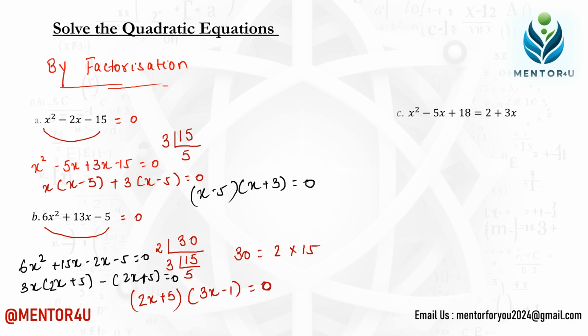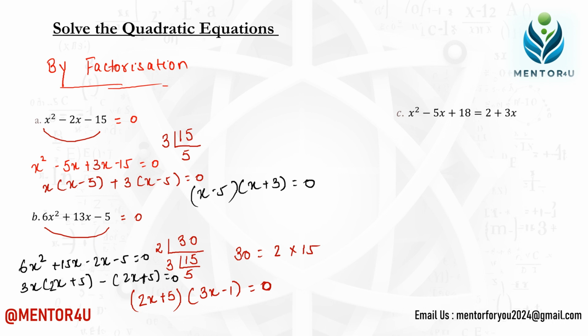Now let me conclude the statement I left in the last part. When you multiply two terms and the multiplication is equal to 0, what does that mean? Either one of the pair must be 0, like either 2x plus 5 must be 0 or 3x minus 1 must be 0, or both of them can be 0.